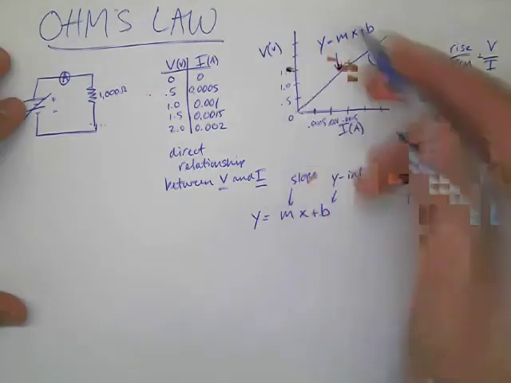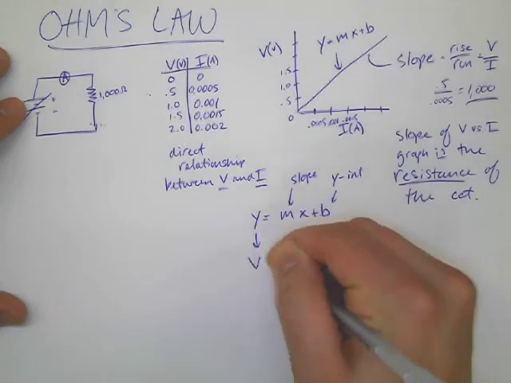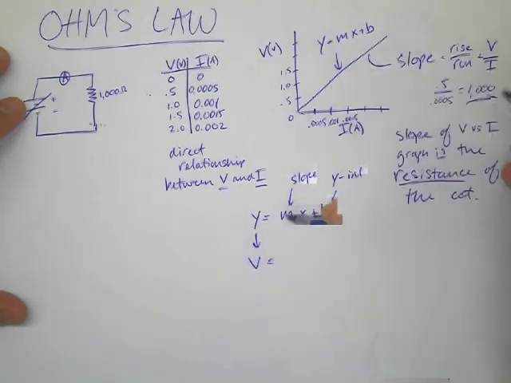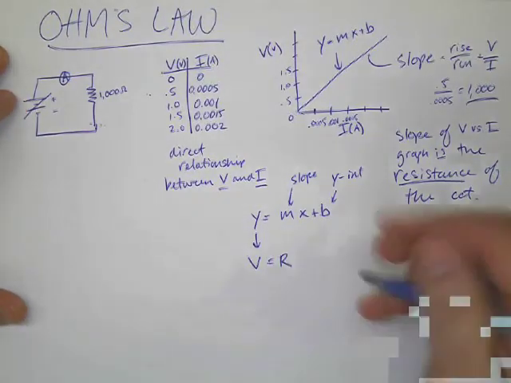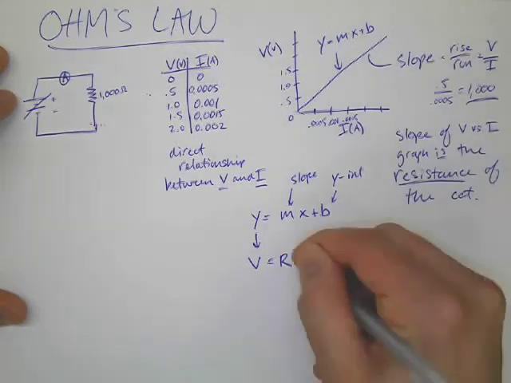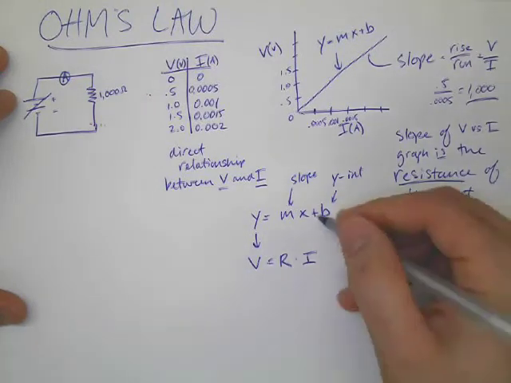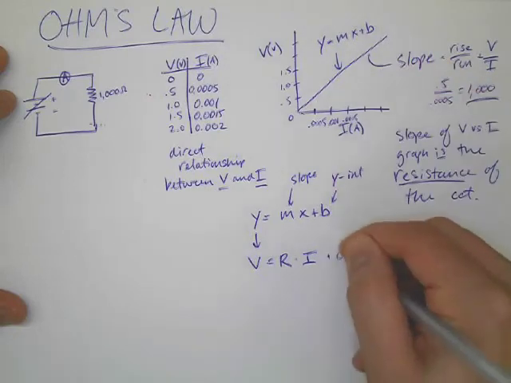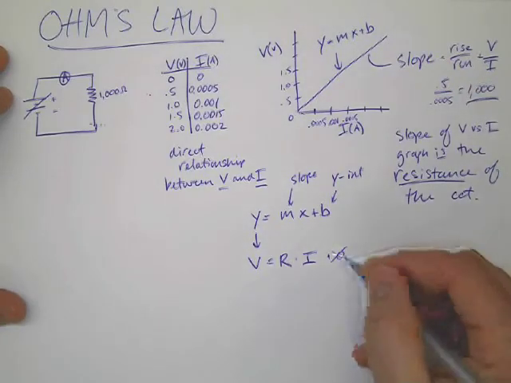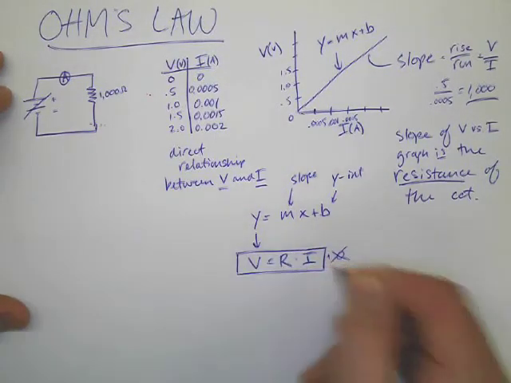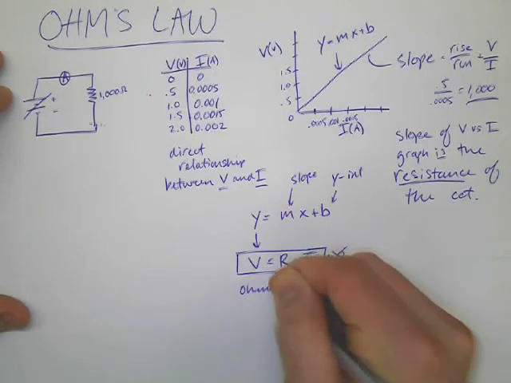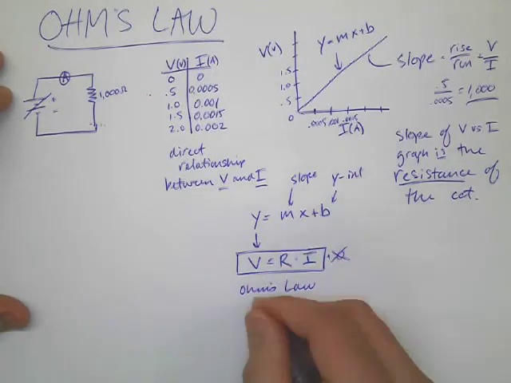My y variable here is voltage, V. My slope was 1000, which is the resistance of the circuit, so for slope I'm going to call that R. My x variable I plotted was current. And the y-intercept here is 0, which goes away out of our equation. I'm left with this relationship, V equals IR. This is the relationship we call Ohm's law.